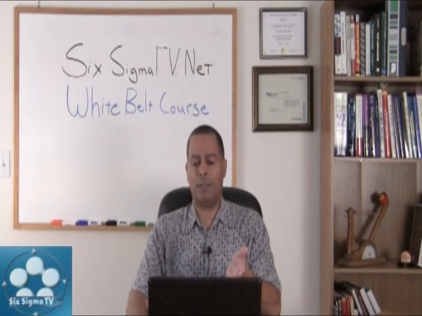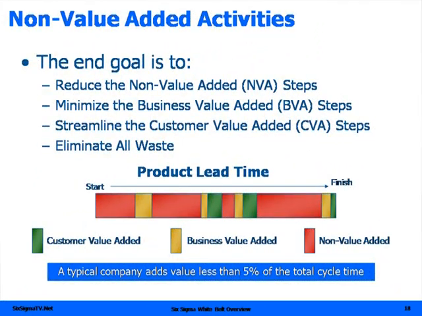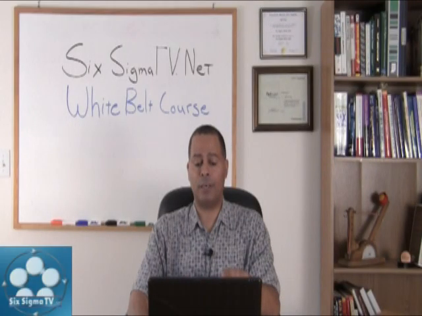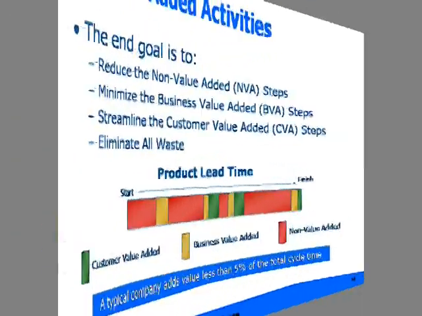This chart here is a simple chart you can do once you do your spaghetti diagram and identify the value added and non-value added steps in your process. It'll let you see where the waste is occurring and where you need to focus your attention to eliminate that waste. If you notice in this chart, there are only a few steps that are green.